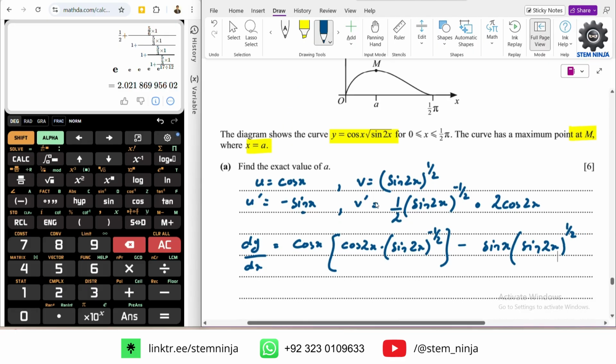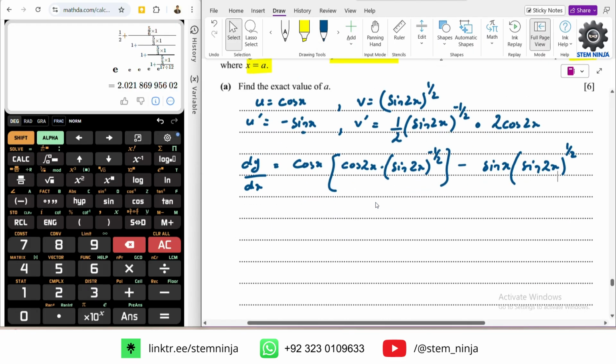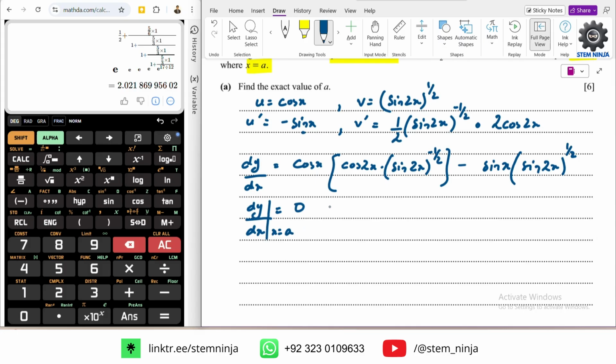Now we need to figure out where this is equal to 0, at x equal to a. So therefore, cos of x times cos 2x times sine 2x to the power of minus 1 over 2 equals sine of x times sine of 2x to the power of 1 over 2.